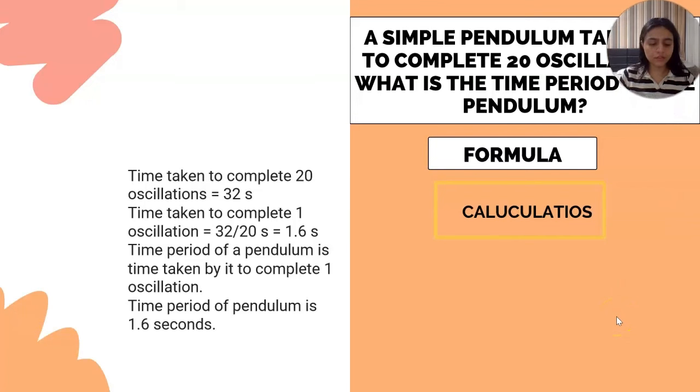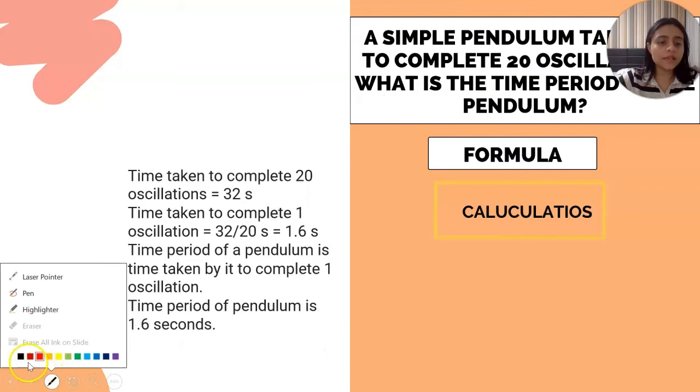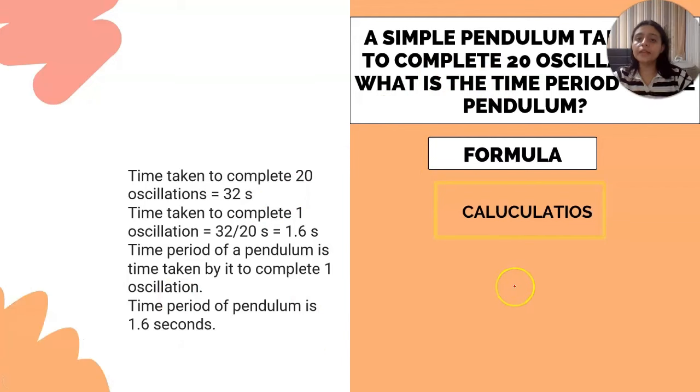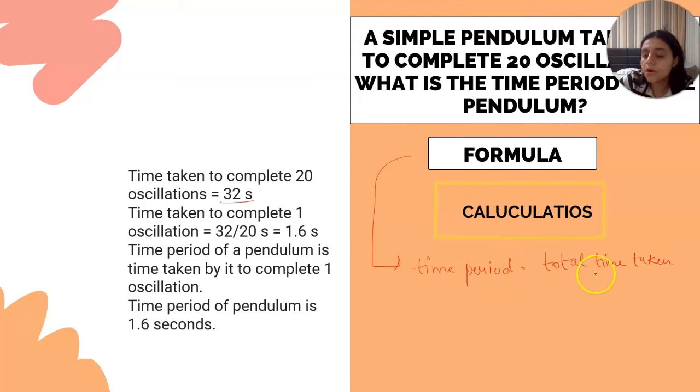Your first question goes like: a simple pendulum takes 32 seconds to complete 20 oscillations. What is the time period of the pendulum? You can simply see right here the time taken to complete 20 oscillations is given to you, that is 32 seconds. Then the time taken to complete one oscillation, using the formula you already know: time period is equal to total time taken upon number of oscillations.